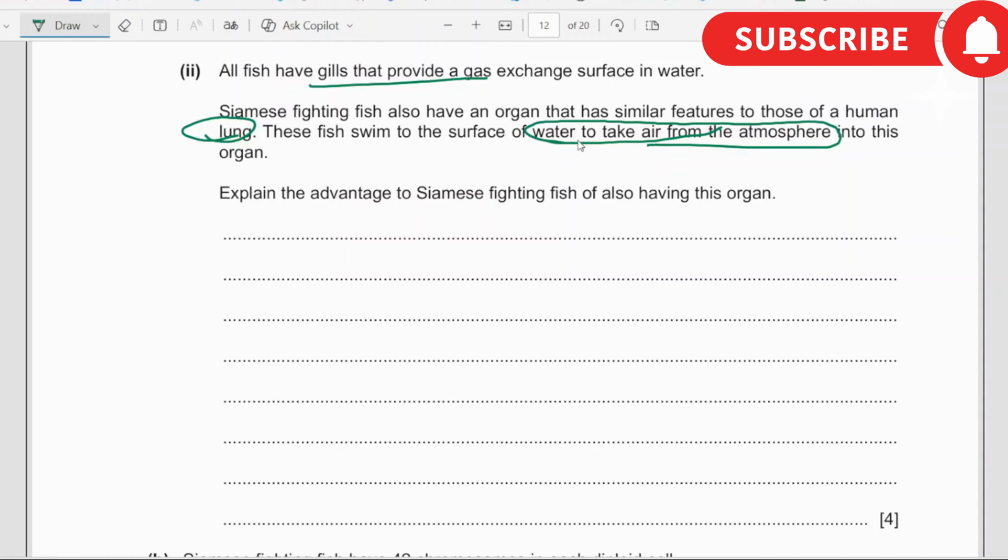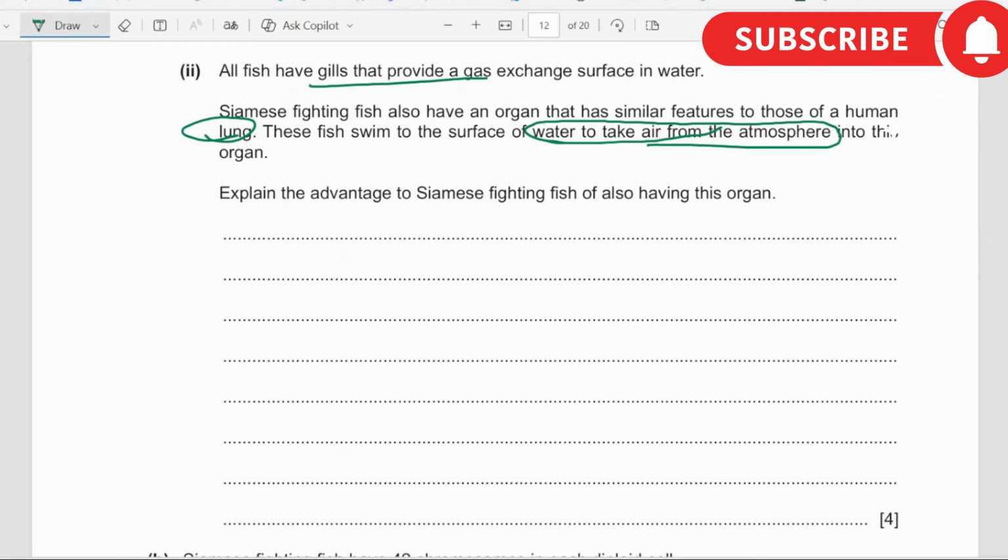You'll tell, because you are going to be marked. Correct. So when there is less oxygen available in water, it can take the air from the atmosphere.